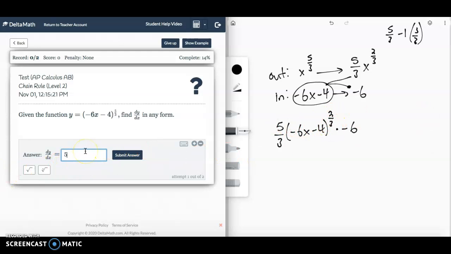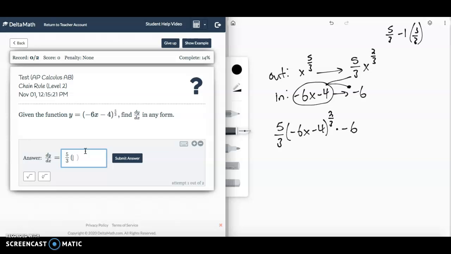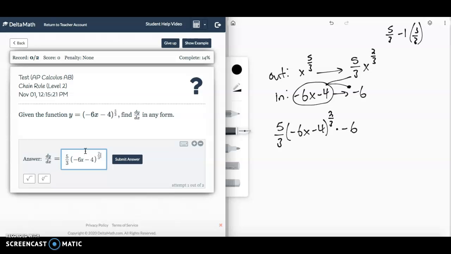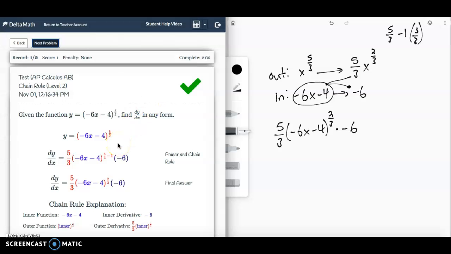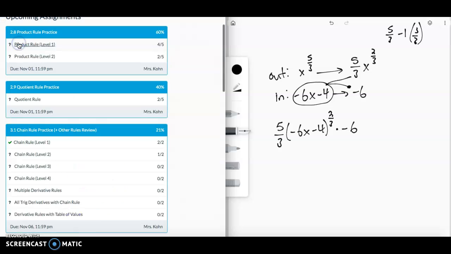We'll see. Okay, it's fine. It's good with it. Those are the same types of problems, we're just going to have fractions. It's okay. You can handle it.